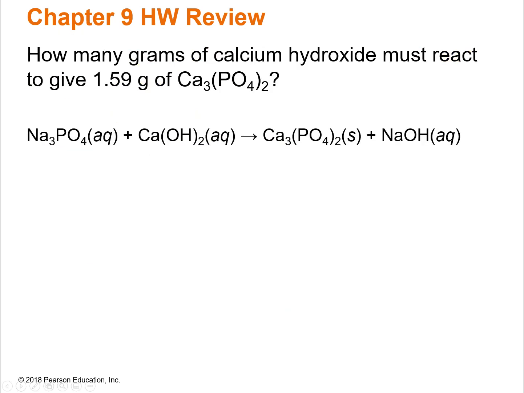Let's move on to the next question. We're still in homework land. This time, we have a mass-to-mass question. How many grams of calcium hydroxide must react to give 1.59 grams of calcium phosphate?